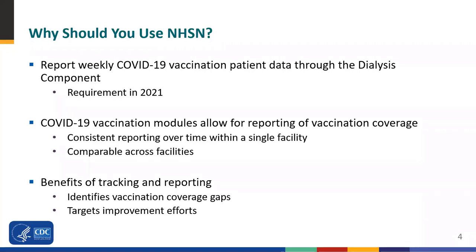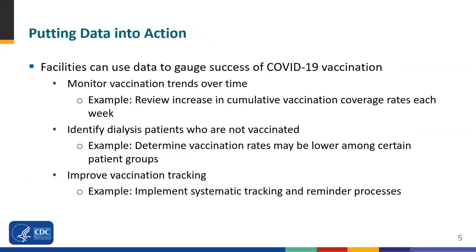Using NHSN for monitoring may also result in increased COVID-19 vaccination because improvements in tracking and reporting vaccination status will allow dialysis facilities to better identify and target unvaccinated persons. There are several ways dialysis facilities can put these data to good use and gauge the success of COVID-19 vaccination programs.